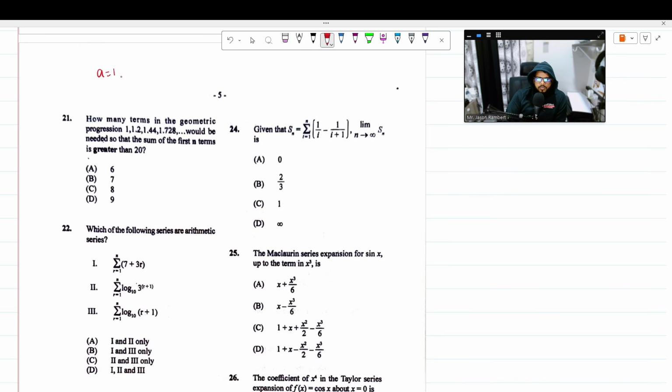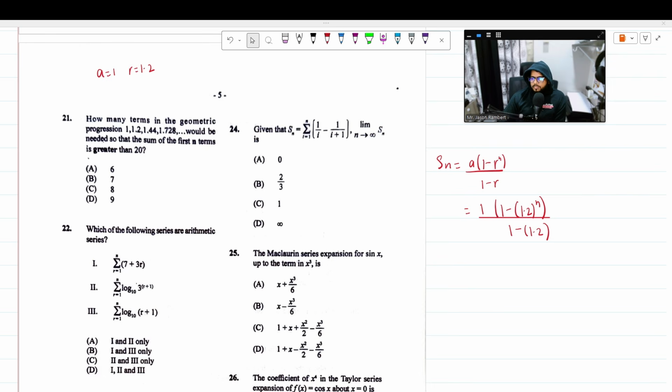So a is 1, r is 1.2. S sub n is equal to a into 1 minus r to the n over 1 minus r. A into 1 minus 1.2 to the power n over 1 minus 1.2.